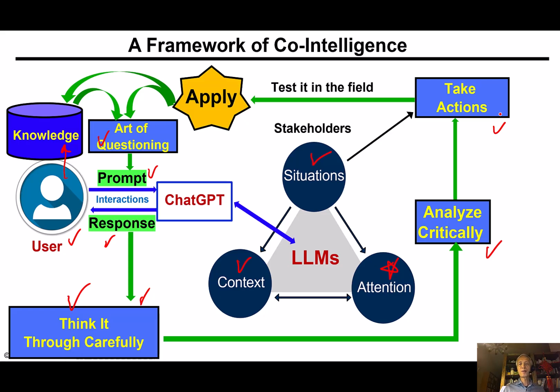So applying what you get out of ChatGPT is almost like the last step, but it will trigger you to come back and get additional assistance or help from ChatGPT.